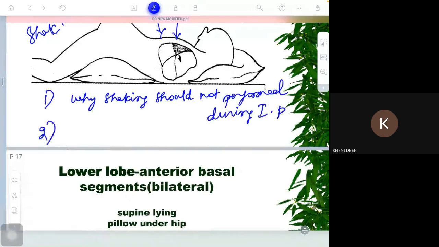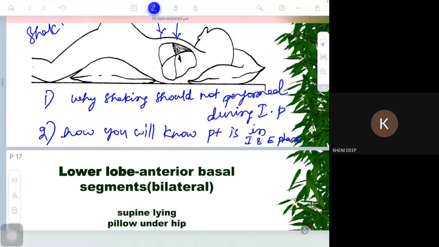And the second question is how you will know if the patient is in the inspiratory or expiratory phase. How will you know the patient is inspiring or expiring? Anyone? Who can answer any question? Why should shaking not be performed during the inspiratory phase?